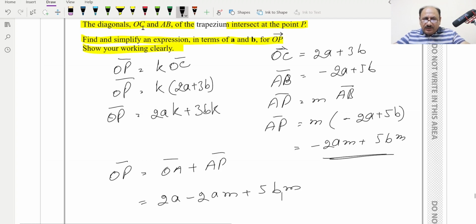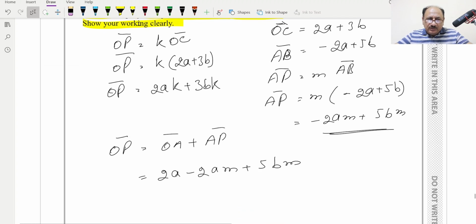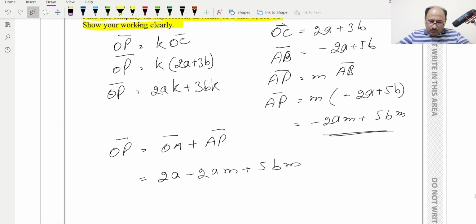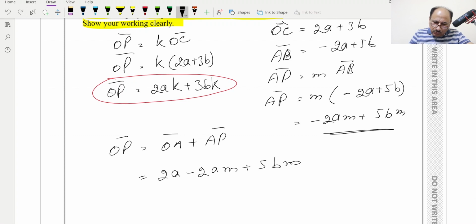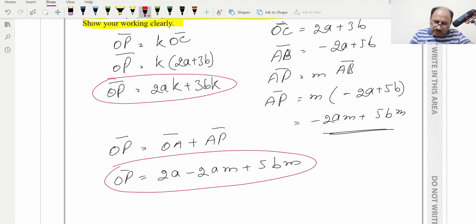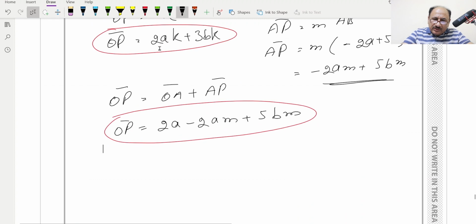And next what we can do, we can equalize this. OP is equal to this one, we got one equation, and this is also OP vector, so this is the second equation, and we can equate them, and by equating we will get the answer.